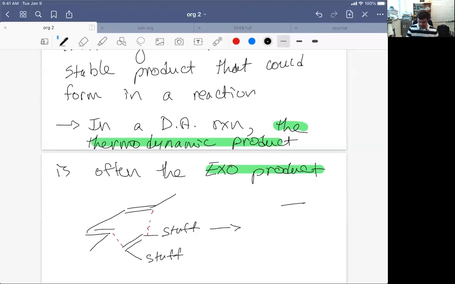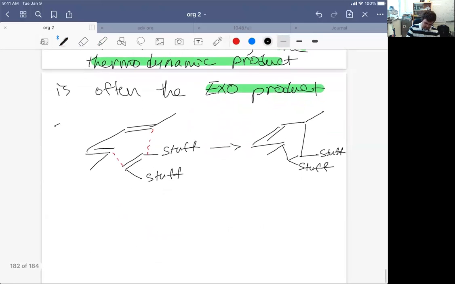Now, this product is not that big a deal to draw. It's probably cumbersome to draw all of these perspective drawings, but the stuff is pointing out and away. It's not clumped up compared to our endo product.